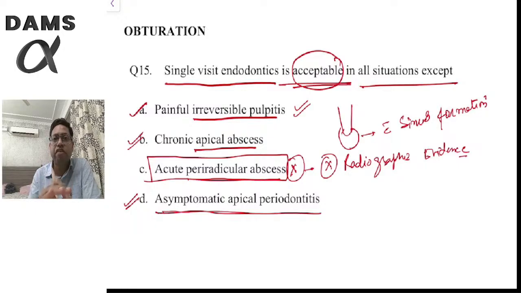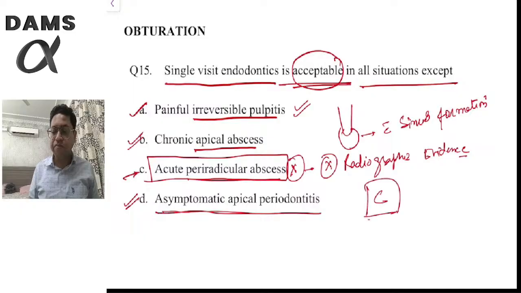So I would again stress that there is no absolute contraindication for single visit endodontics, but there are relative conditions where we find that it is potentially less acceptable as compared to a multiple visit procedure. So one of the conditions where it is less acceptable is acute periradicular abscess. Option C would be the answer.